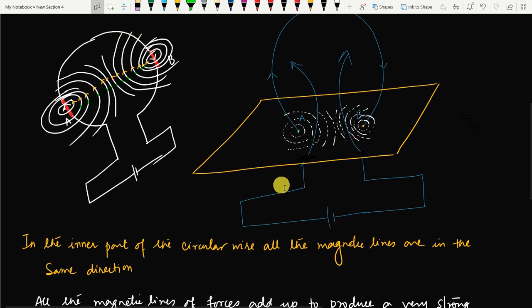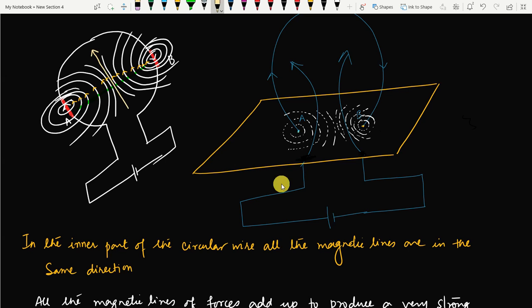Now again let us see the diagram. If you come towards the center, the rings are becoming bigger and bigger, and towards the center if you move, you can see that the lines are nearly becoming straight and parallel to each other.